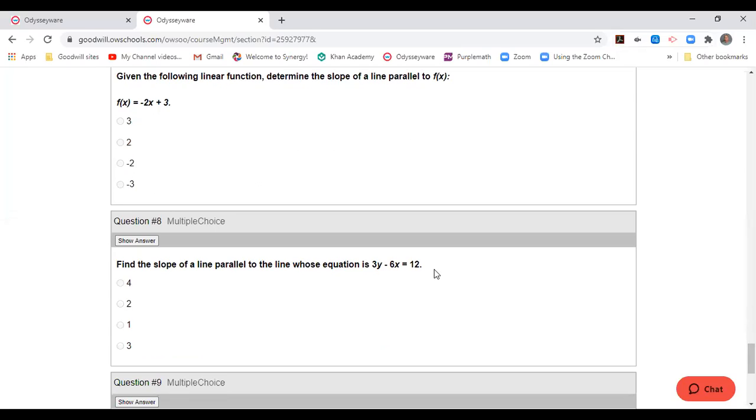You have to move 6x to the other side and then divide all sides by 3. Excellent. You're going to convert it. If you recognize that as an equation that's in standard form, it does not give you the slope. Standard form does not give you the slope.